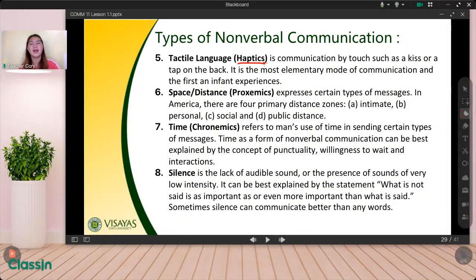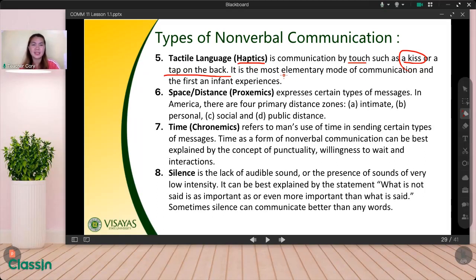Next, we have tactile language. This is haptics. Haptics is one of the nonverbal ways of communicating that communicates a lot. When you touch, such as a kiss or a tap on the back. If you have no words to say, then you can just use this.